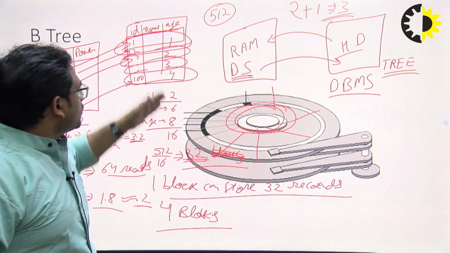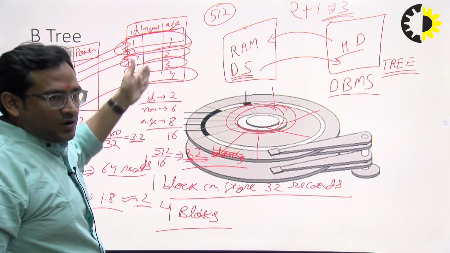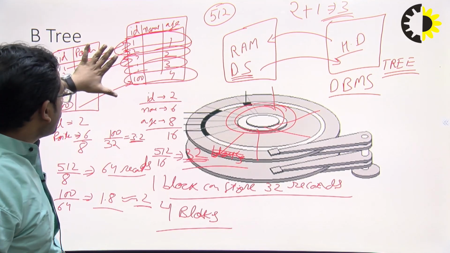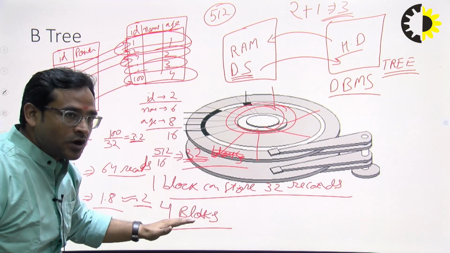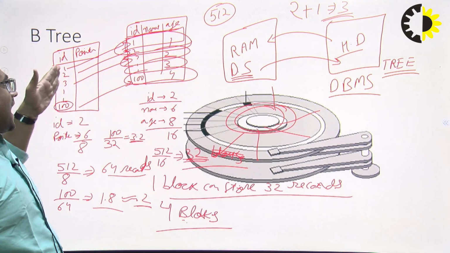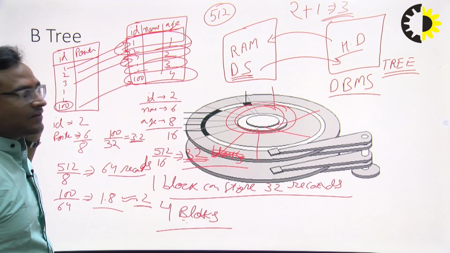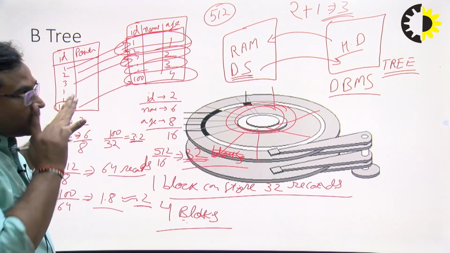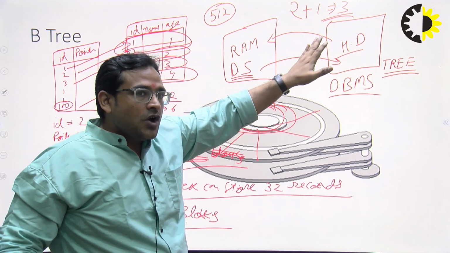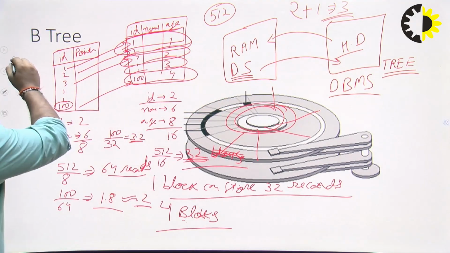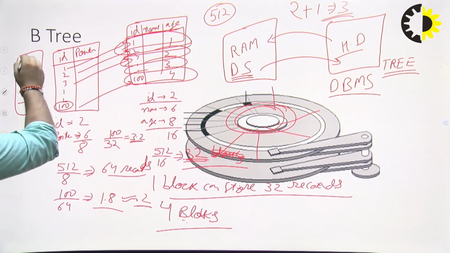Got my point? So when we are accessing this table only, when I don't have this indexing table, we need to access 4 blocks. When we do single level indexing, how many blocks do we need to access here? 3. Got my point? So this is the way you can do another level of indexing.